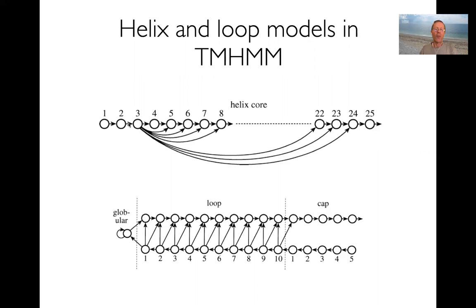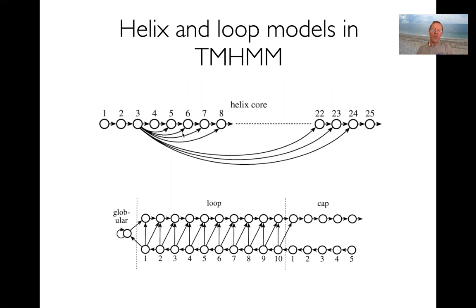Or you can go 1, 2, 3, and then you can make a huge deletion here and end up at 24, 25. So in principle, you could even model a helix core that's as short as 5 residues and anything in between.